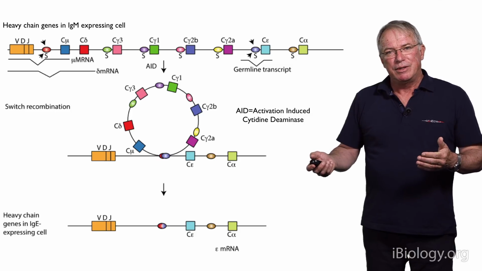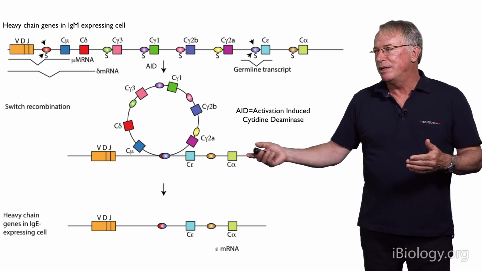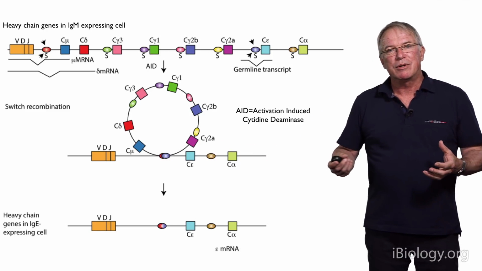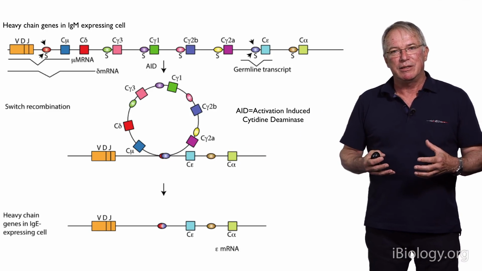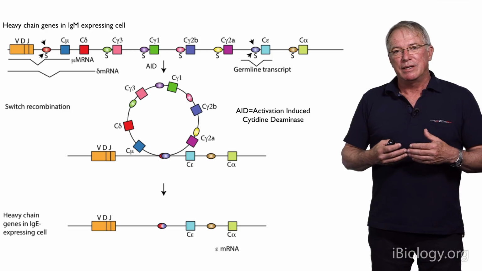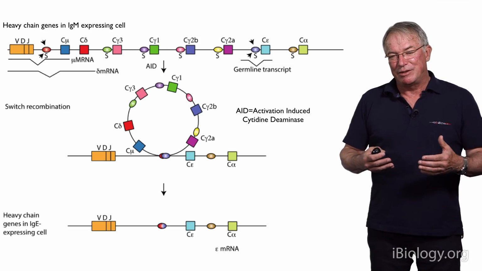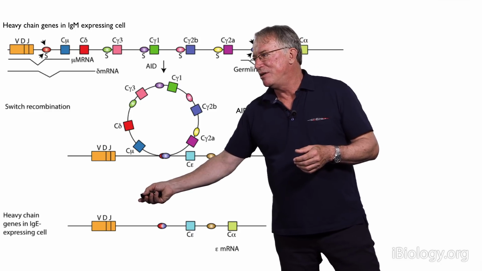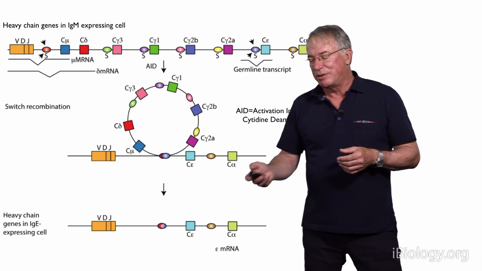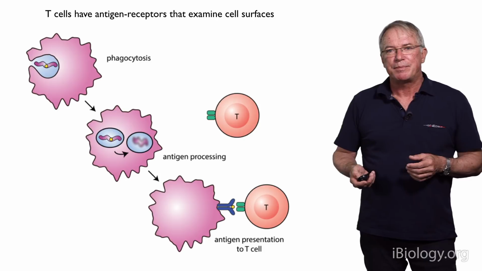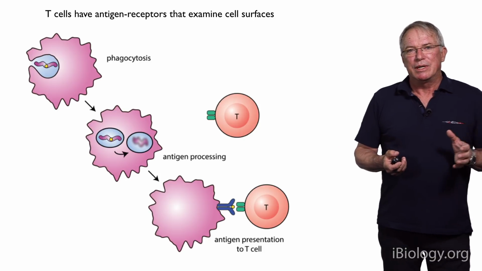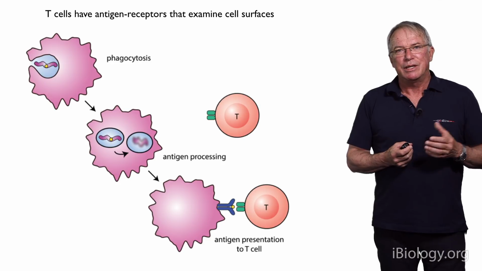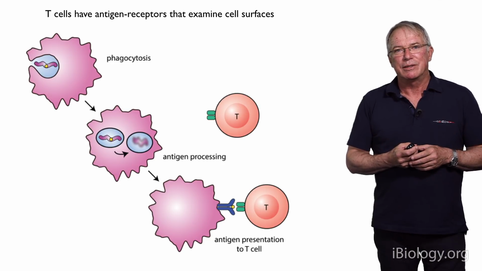In a looping out reaction, the rearranged VDJ combination is put in juxtaposition with whatever constant region the B cell demands at that point in time. And by physical excision of the intervening DNA, we may now connect the functionally rearranged VDJ combination to whatever constant region we require.